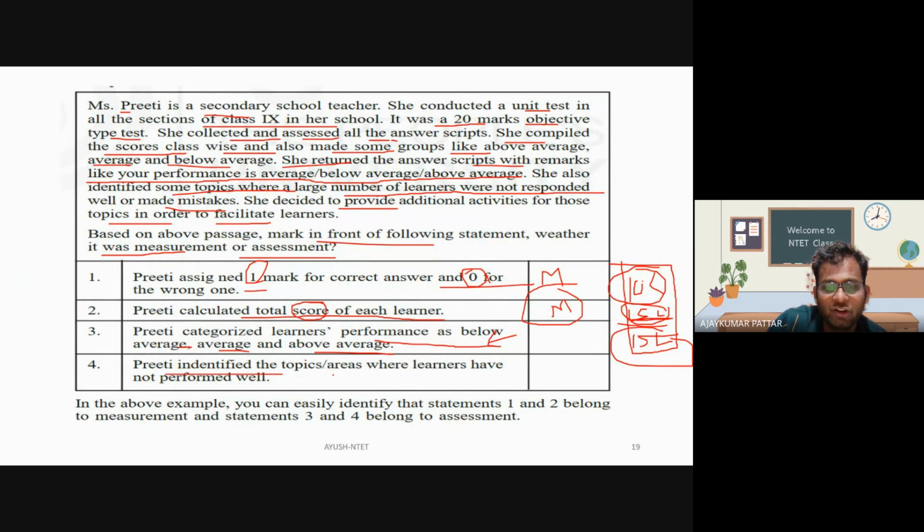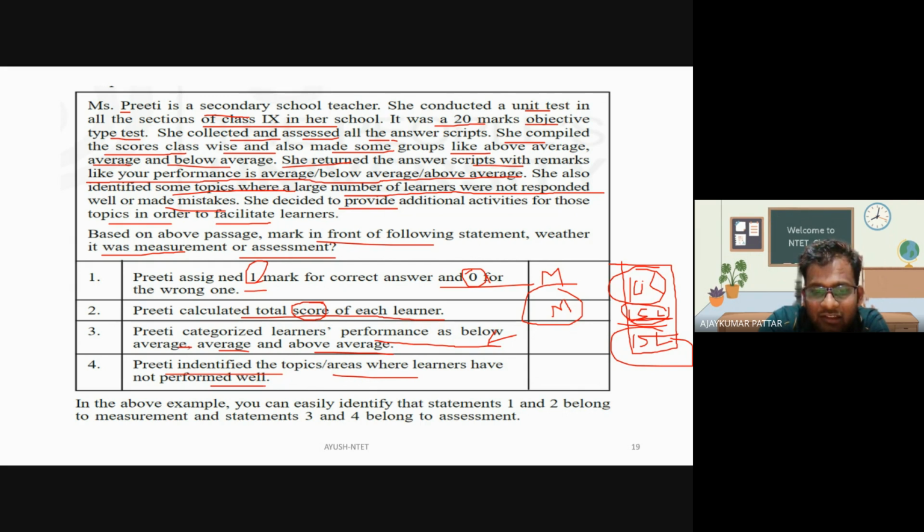Then Preeti identified the topic areas where learners have not performed well. Based on the marks obtained in that particular concept of the subject, he identified which topics are not clear to the students. For example, in a mathematics or physics session, if every child answered the question from a particular chapter wrongly, what does it mean? In a simple example, if it is a first year BMS exam and most students have passed in all subjects but failed in Padartha Vigyan, then you can assess that something is a problem there, whether the topic is difficult or the teacher is the problem.